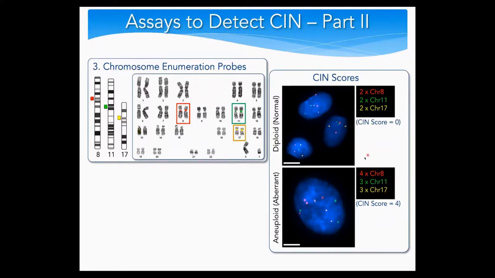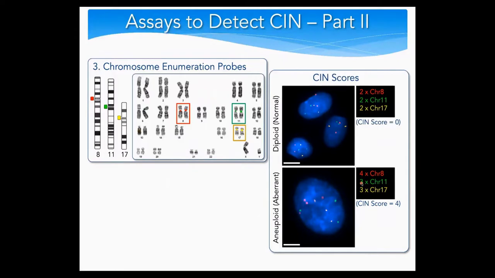So what we went on to do then was to develop a metric referred to as a CIN score, which really describes deviations from that diploid state. So all 3 of these nuclei have a CIN score of 0 simply because they have the expected number of 2 copies of each of those chromosomes. However, this bottom nucleus has extra copies of chromosomes.